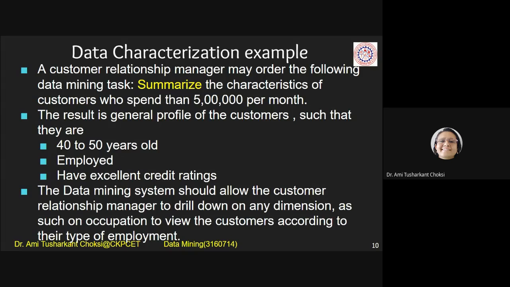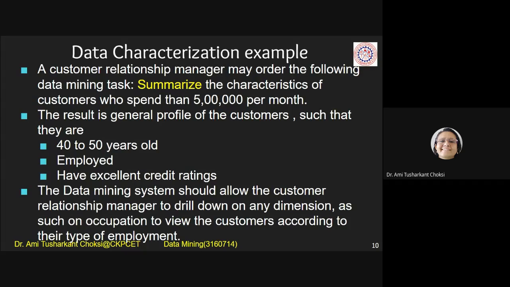If we do have the data till only employment, we'll consider that. And if we do not have the data for other things, we cannot get it, isn't it? But we will get the summary for this particular example, right? So characteristics of the customers we got, and that is what is the characterization.